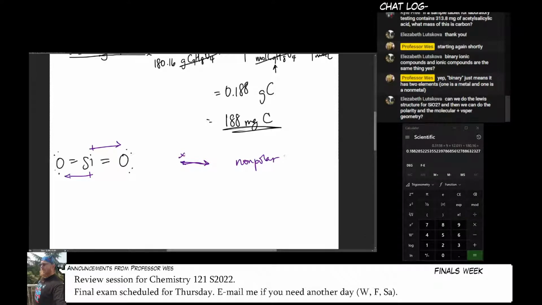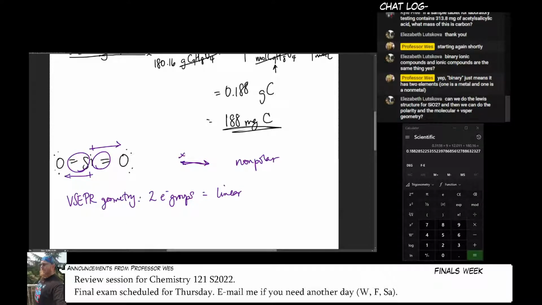And then for VSEPR geometry, wow, none of those pen strokes came out. There we go. For VSEPR geometry, there are 2 electron groups, which makes it linear.